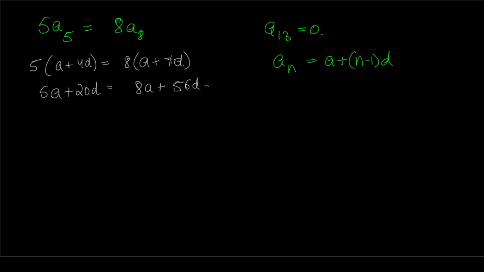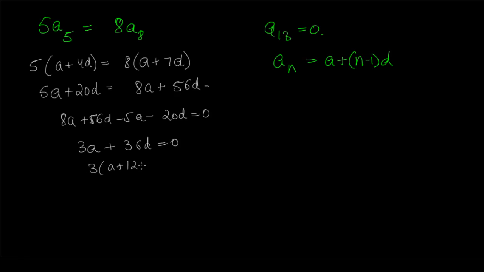Now transpose everything to the RHS. So you get 8a plus 56d minus 5a minus 20d is equal to 0. So 8a minus 5a will be 3a and 56d minus 20d will be 36d is equal to 0. So take 3 common, a plus 12d is equal to 0. So a plus 12d is equal to 0. a comes out to be minus 12d.